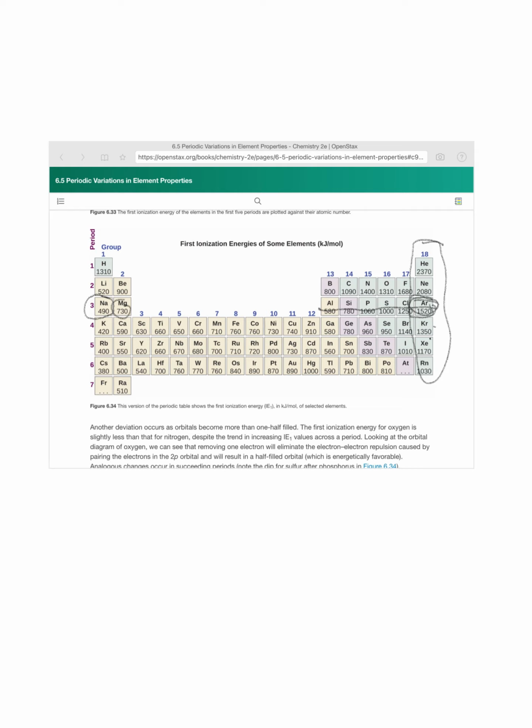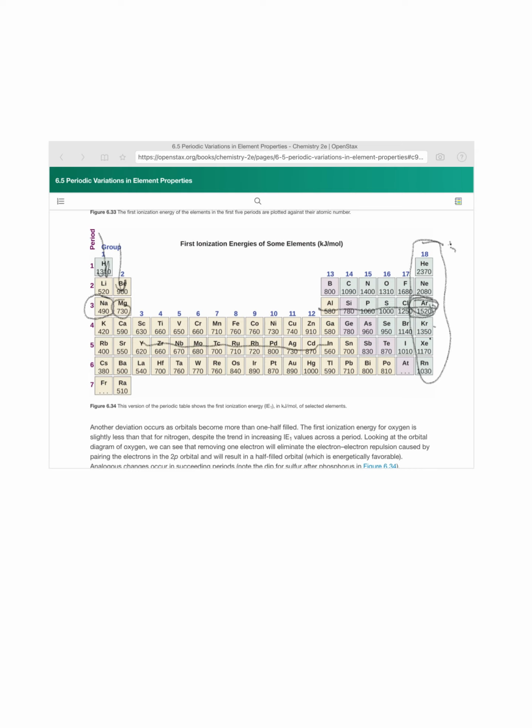I shouldn't say that its reactivity is just determined by its ionization energy, but the type of chemical reaction it's going to take part in will determine it. If you look at groups 1 and 2, these have a relatively low ionization energy. So if they take part in a chemical reaction, they're more than likely going to lose an electron. Or if we go over here, I'm going to skip across the transition elements and go to the main group elements.